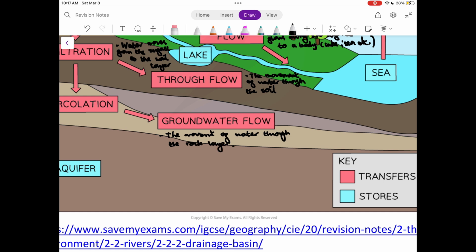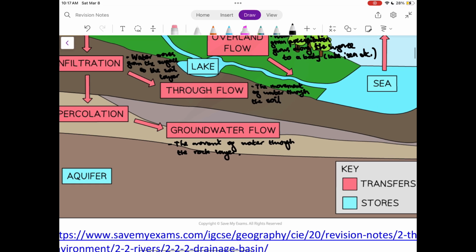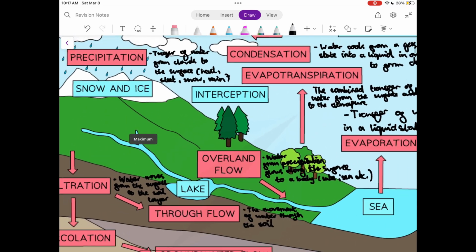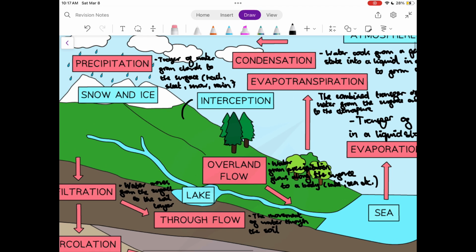And keep in mind that the rocks in this layer are quite permeable, so it allows for water to move through. And the final thing you need to know is interception, and this is where water is captured and stored by vegetation.